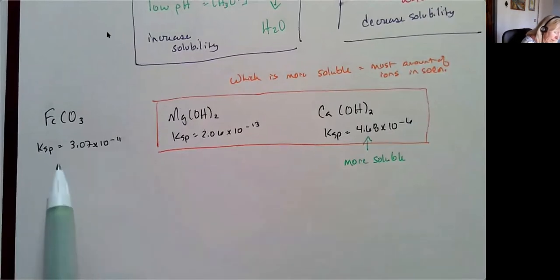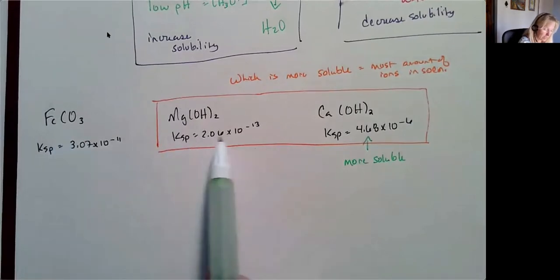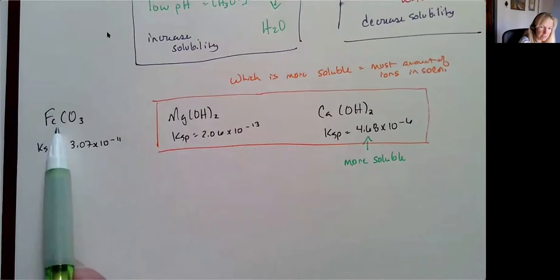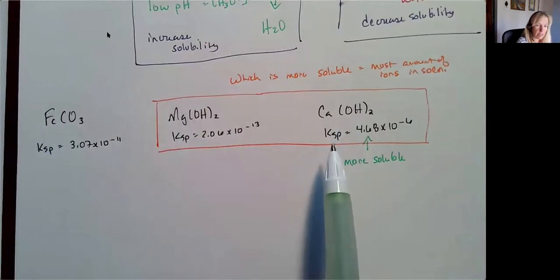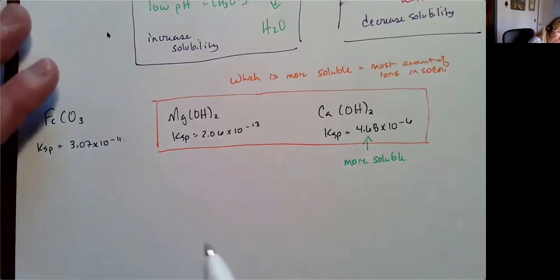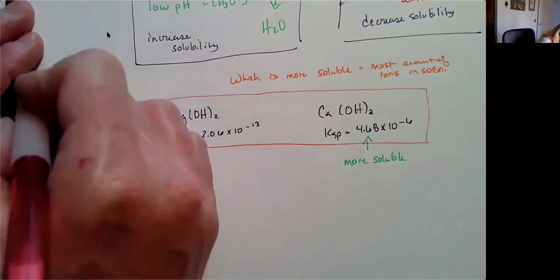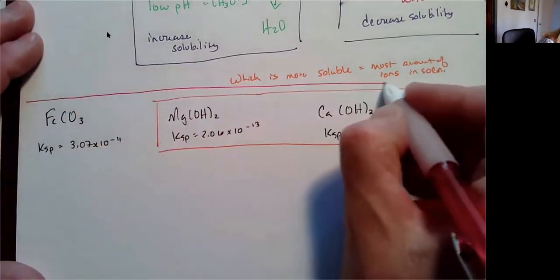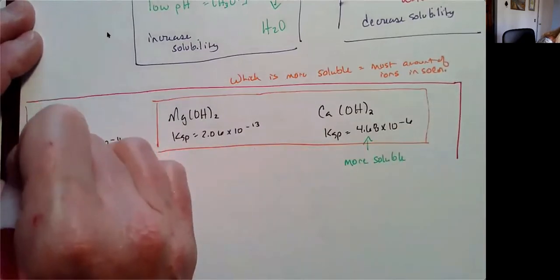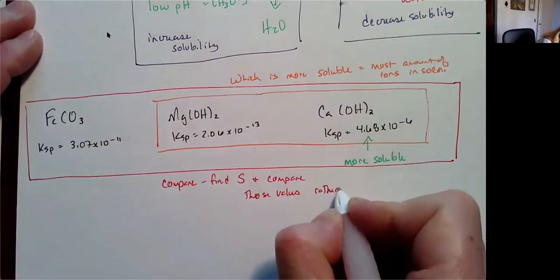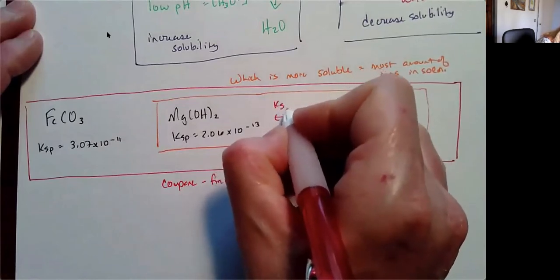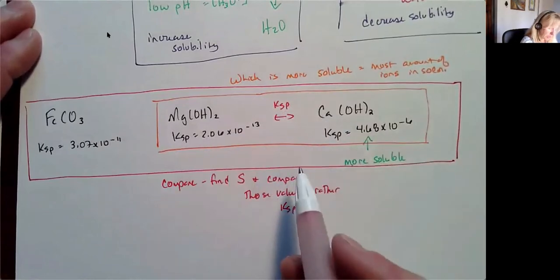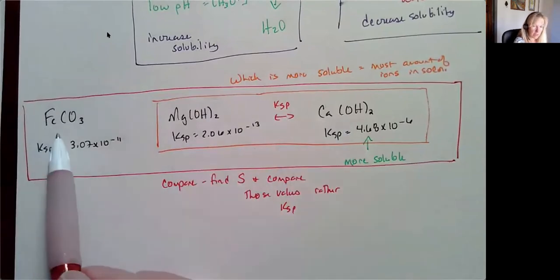If I want to compare iron carbonate to these three, iron carbonate is going to dissolve into 2 ions where this is going to be 3 and this is going to be 3. So if I want to compare all 3 of these, I'm going to have to find S for all 3 of them rather than my KSP. Here I can compare my KSPs because these have the same stoichiometry, 3 and 3, but now I have 2 here.